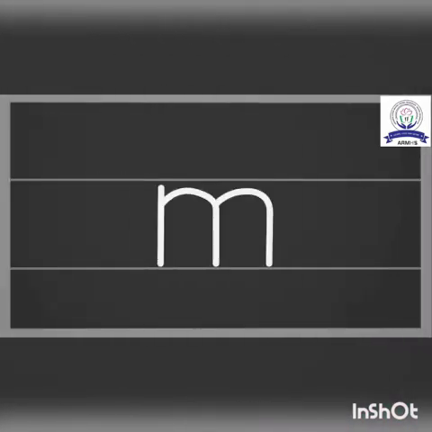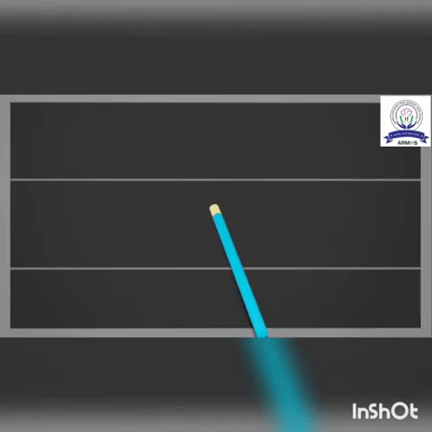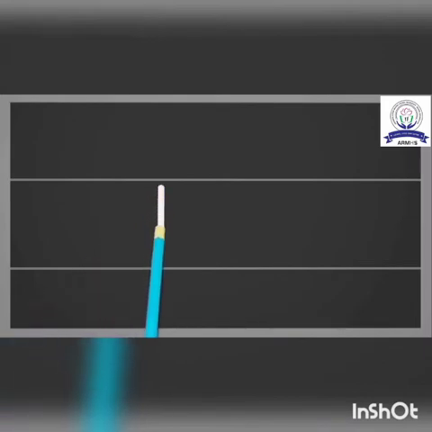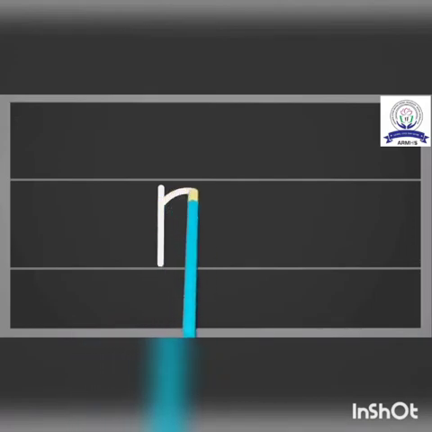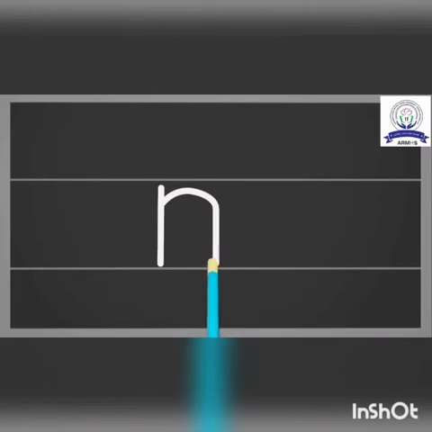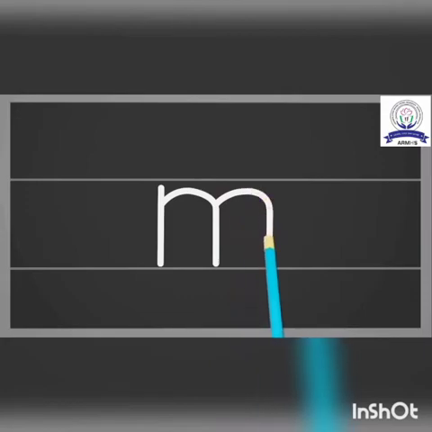Next letter m. Start from the middle and make a standing line to the bottom. Again go to the middle and make a curl, touch the bottom. Make one more curl in the same way.